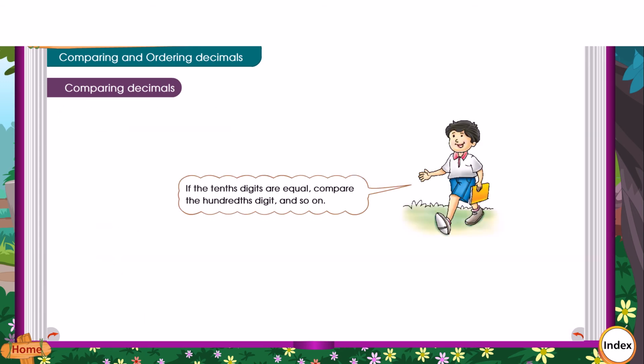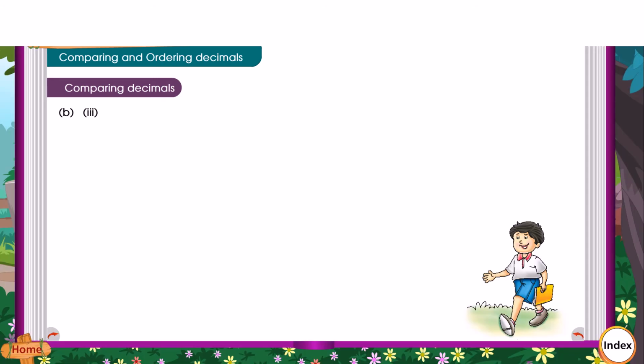If the tenths digits are equal, compare the hundredths digit, and so on. 3. Compare 0.72 and 0.726.